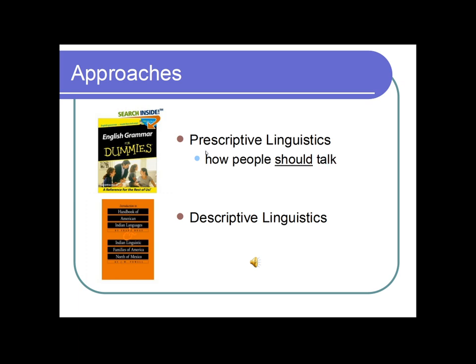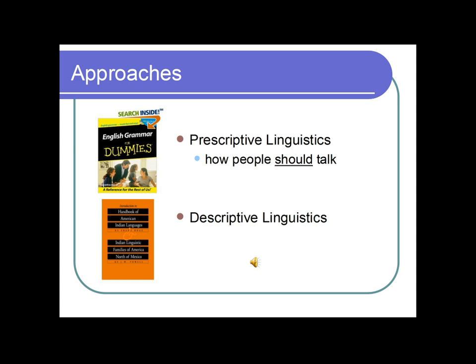That is, they assume that there is a correct way of speaking and an incorrect way, and any way that's not the correct way is the incorrect way. Right? This is an approach that you've encountered if you ever took an English grammar class, or if you ever learned a foreign language at a college or a high school. You would have encountered a prescriptive approach to linguistics. This is the right way of speaking, and we want to make sure we understand all the correct rules.